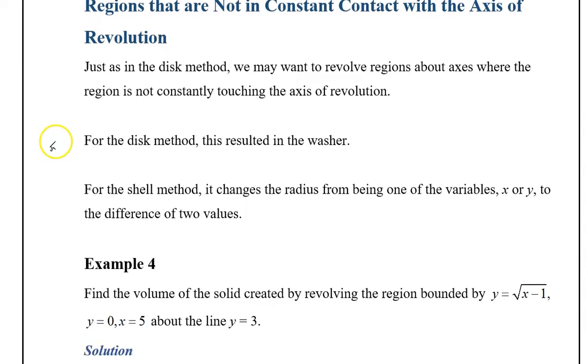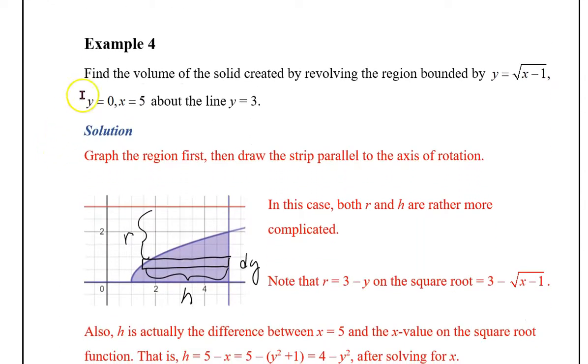In this problem, in example 4, we want to find the volume of the solid created by revolving the region bounded by y equals the square root of x minus 1, y equals 0, x equals 5, about the line y equals 3. The first thing to do, of course, is to graph the particular region so that you know where the bounded shape is.